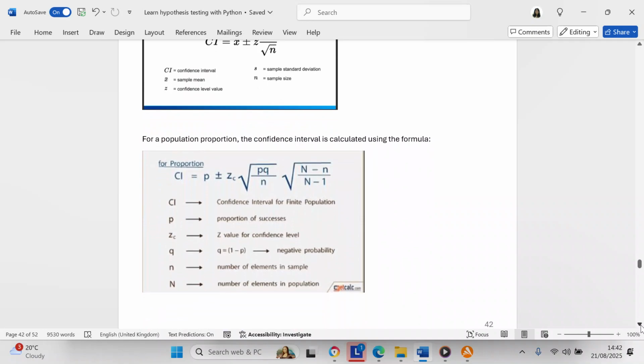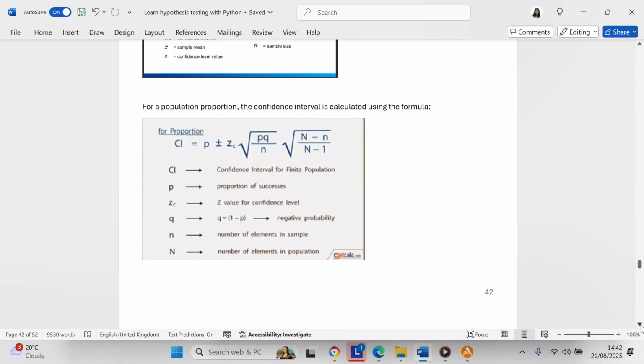For a population proportion, the confidence interval is calculated using the following formula.